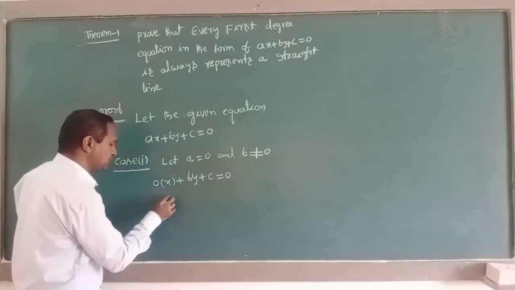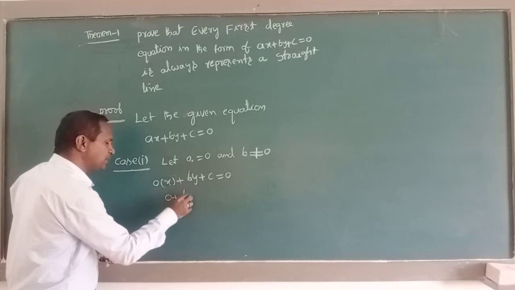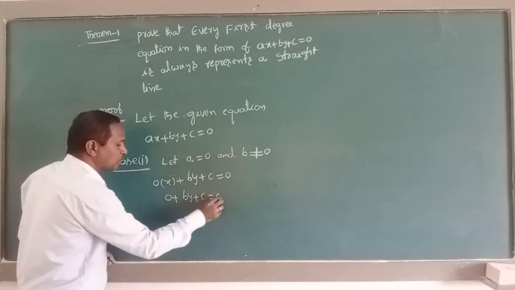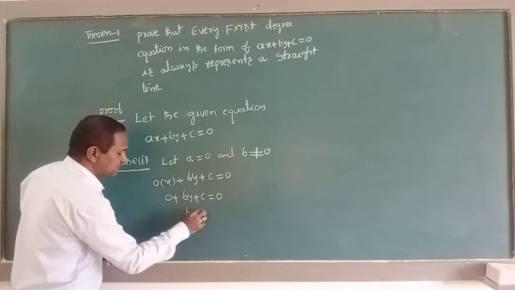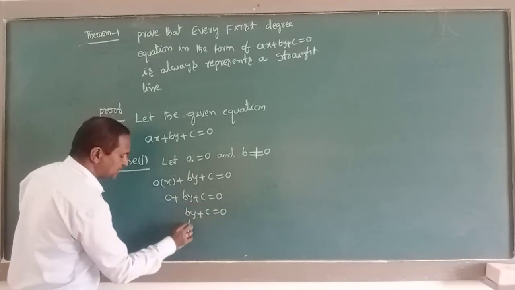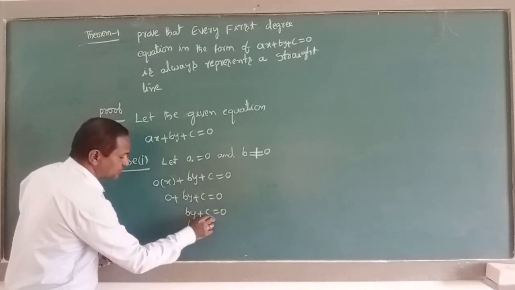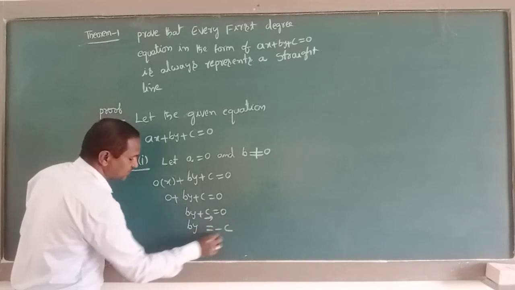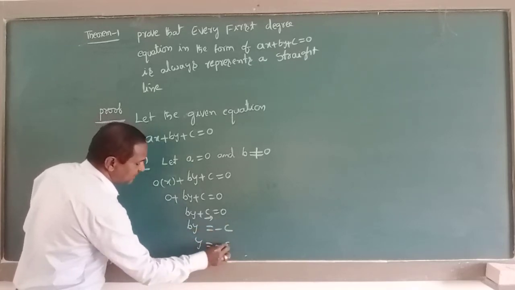That is 0 plus by plus c is equal to 0. That is by plus c is equal to 0. That is by is equal to minus c, sending c to the other side becomes minus c. y is equal to minus c by b.